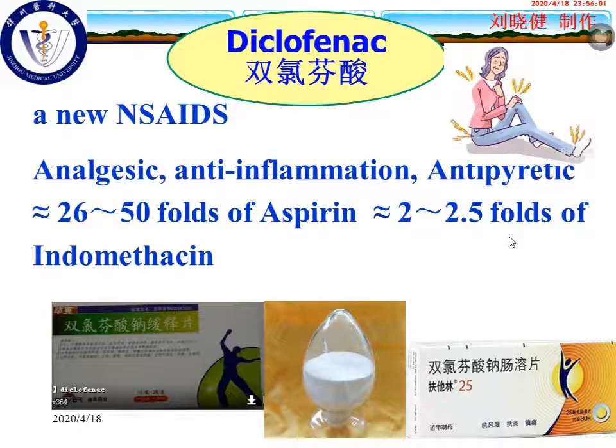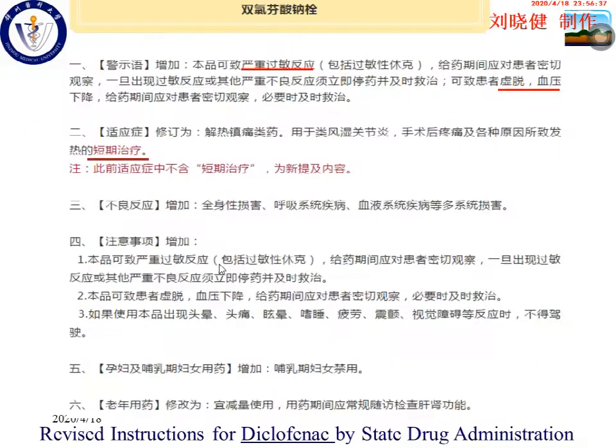Diclofenac. This agent is a relatively new non-steroidal anti-inflammatory drug. It is even more potent than indomethacin. Its analgesic, anti-inflammatory, and antipyretic effects are about 26 to 50 times those of aspirin. So in the treatment of arthritis, it is more popular among patients with arthritis. But it also has relatively more adverse effects.